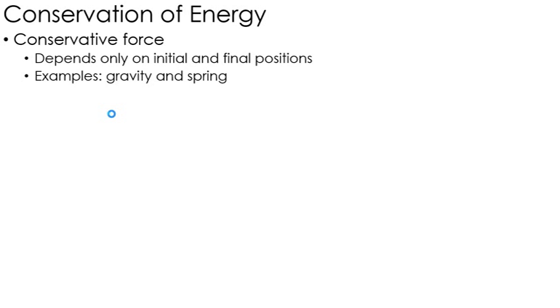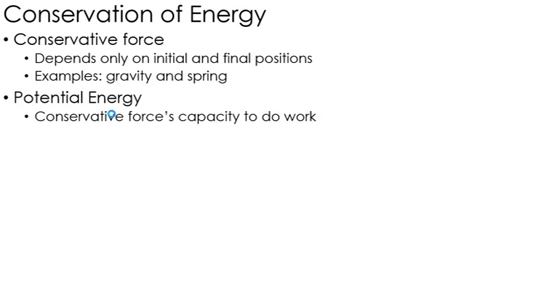Gravity only is concerned with its initial and final position. The path is unimportant. Okay, so within this conservative force, we're going to define something called potential energy, which is basically the conservative force's capacity to do work. The potential work that's capable of a conservative force, such as gravity or spring.